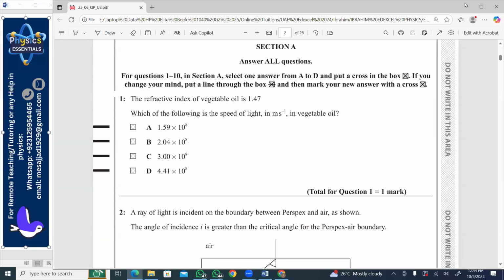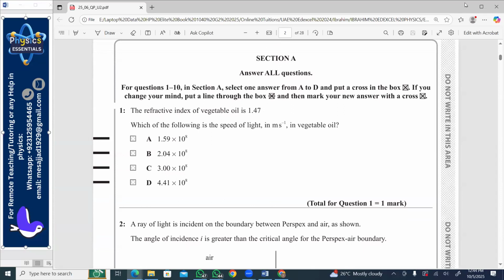So question number 1, the refractive index of the vegetable oil is 1.47. Which of the following is the speed of light in meters per second in the vegetable oil? So when the light comes into the vegetable oil, of course, it bends towards the normal, right? Because the refractive index is more.